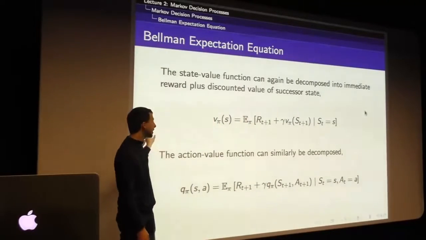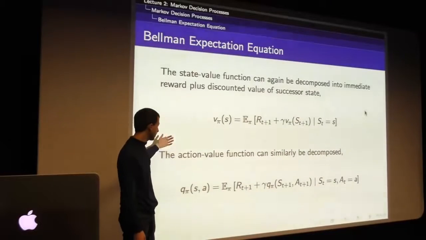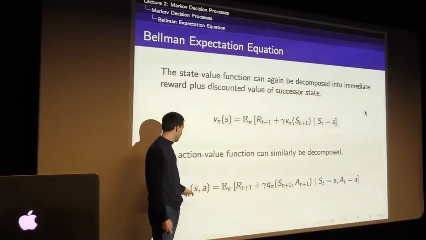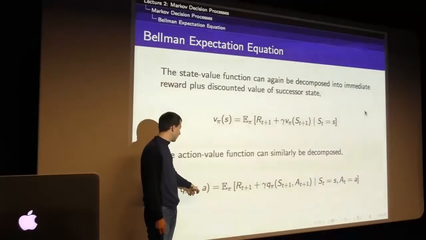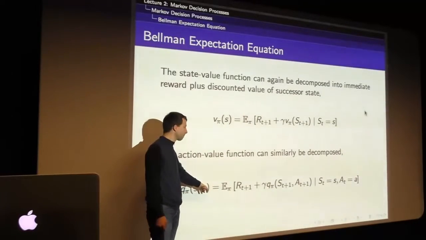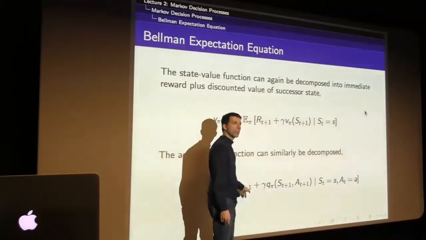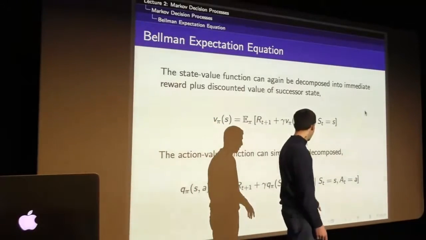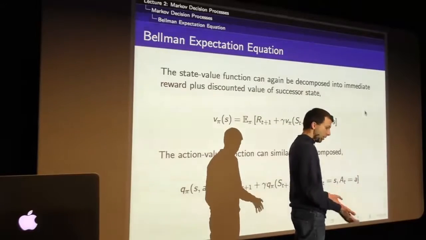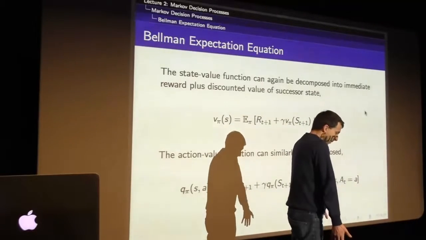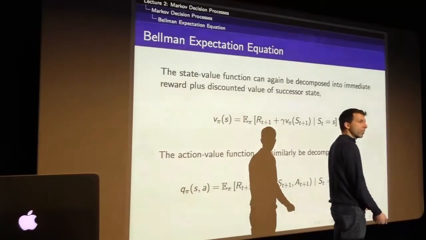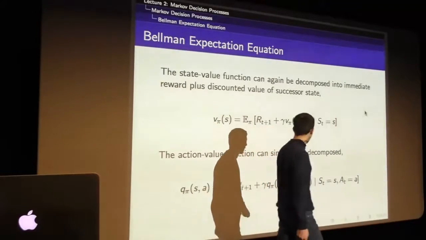We can do the same thing with the action value function, with these Q values. This tells us that if I'm in one state and I take an action from there, then I'll get some immediate reward for that specific action. Then I'll look at where I end up, and I can ask, what's the action value of the state that I end up in, under the action that I would pick from that point onwards? Okay.